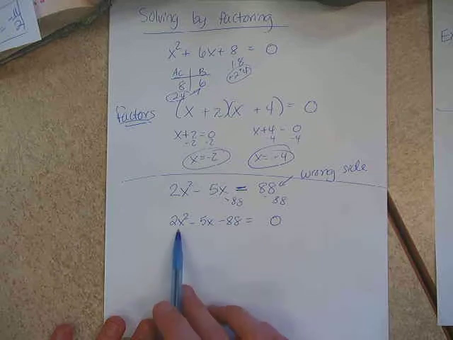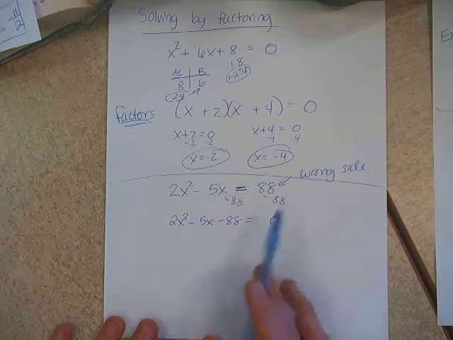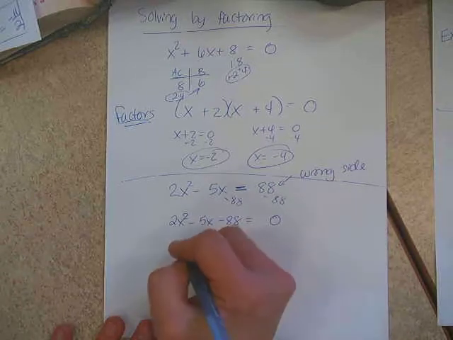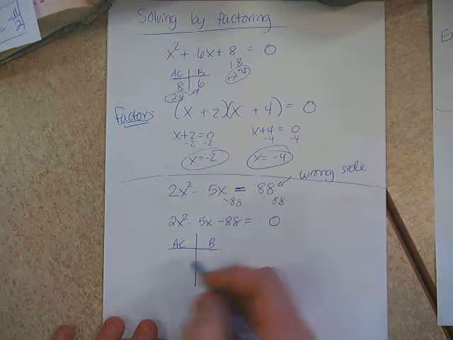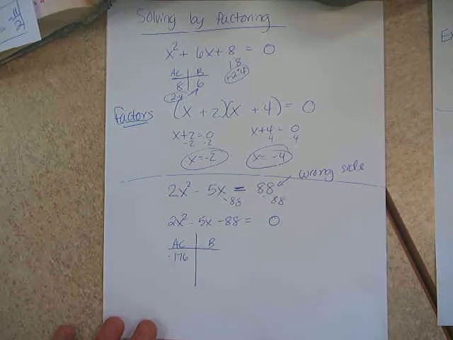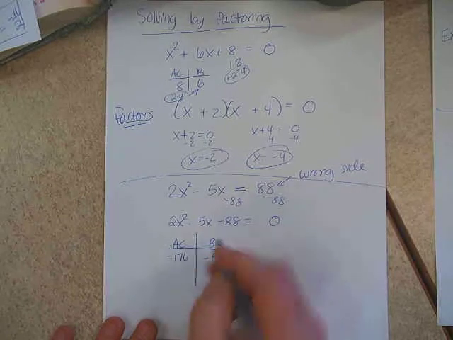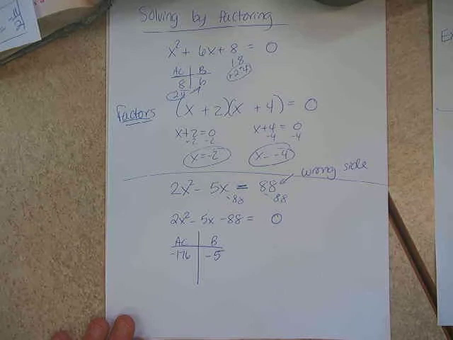This one, 88 has a handful of factors, and 2 comes into play, so I would do the longer method, either the grouping or the boxes. So AC and B. My AC is negative 176. My B is negative 5.